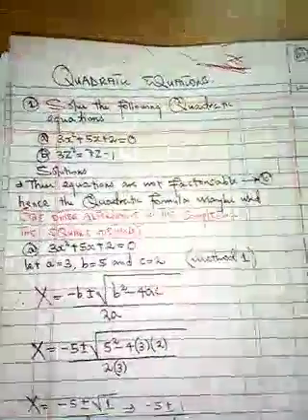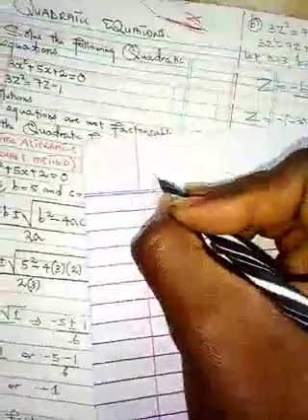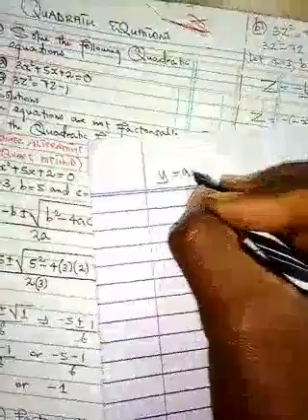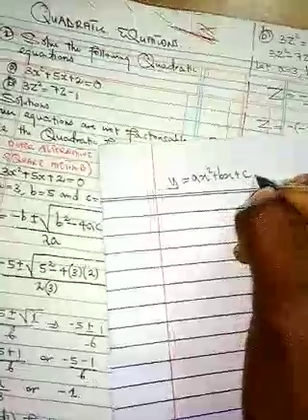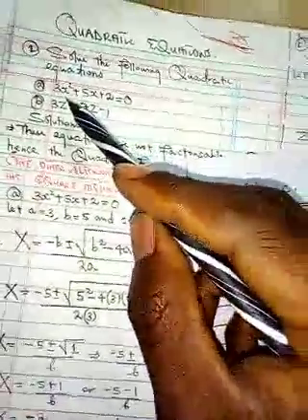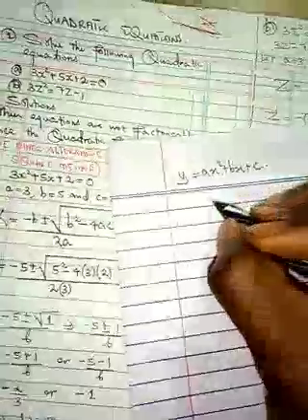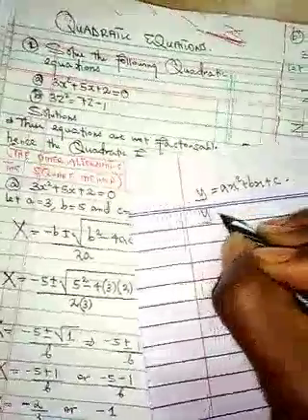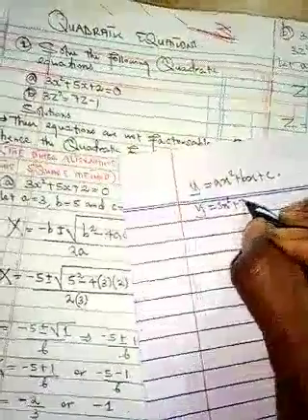Well, generally we know that quadratic equations are always written in the form y is equal to ax squared plus bx plus c. And if you notice, the first equation here, 3x squared plus 5x plus 2, originally was y is equal to 3x squared plus 5x plus 2.